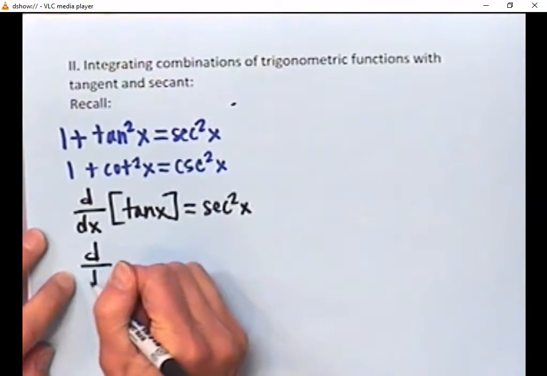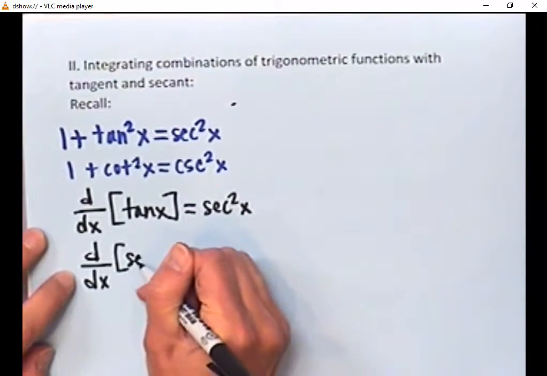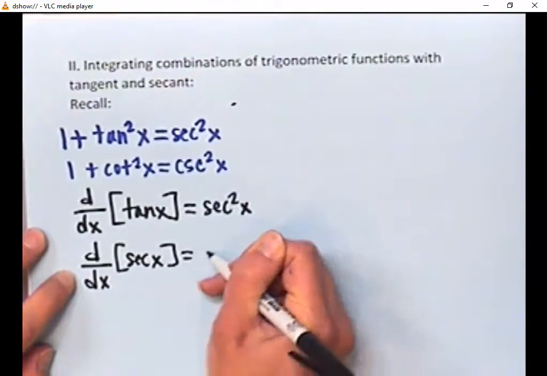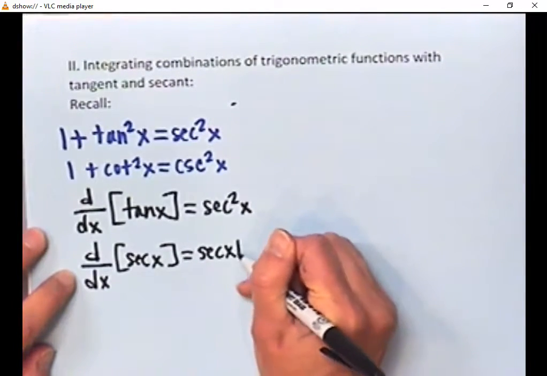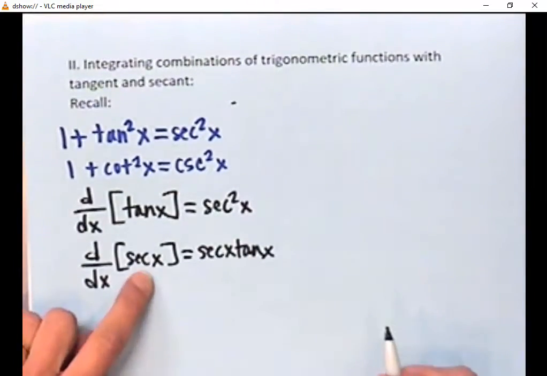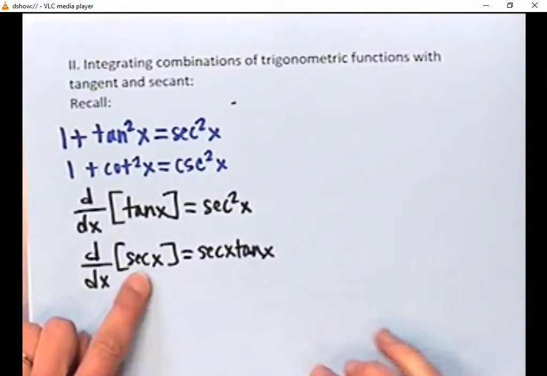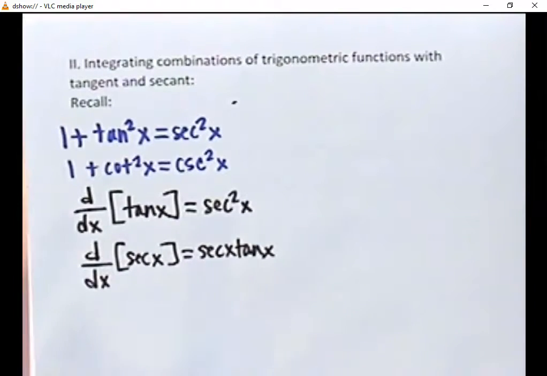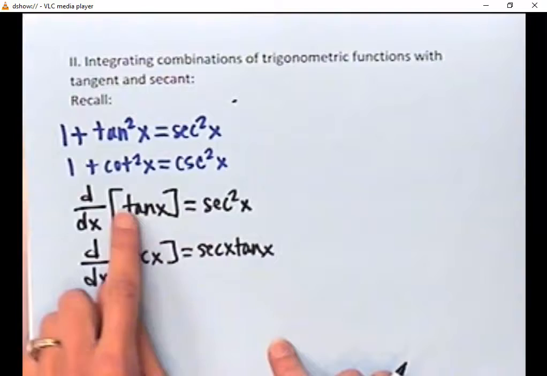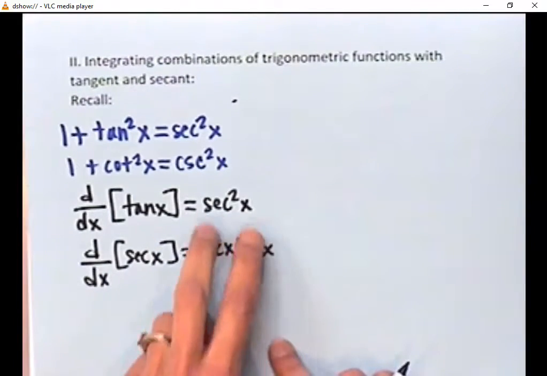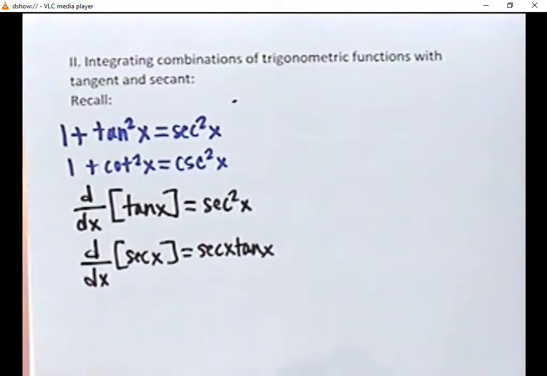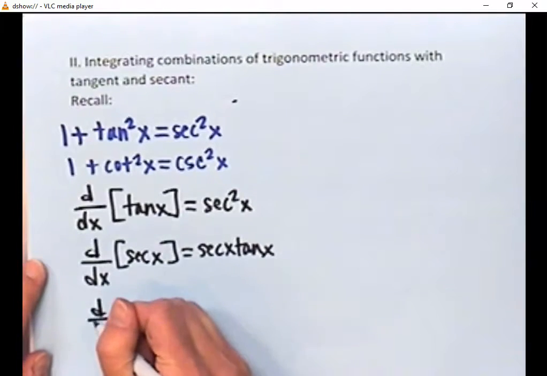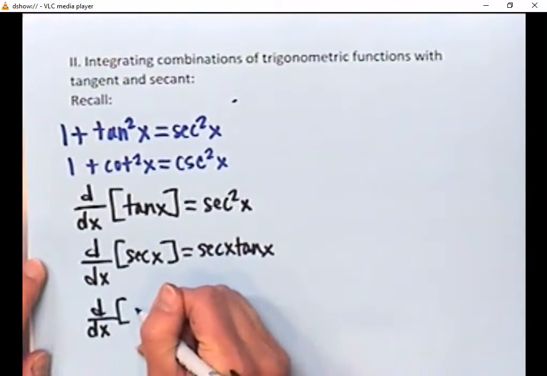Or, what's the derivative of secant? Secant tangent. So if I'm going to let u be secant, I'd want to watch for a secant tangent to show up in my integral so I could use that as a du. So if I'm going to make a u substitution with these, I'd want to make sure these du's are possibly showing up.